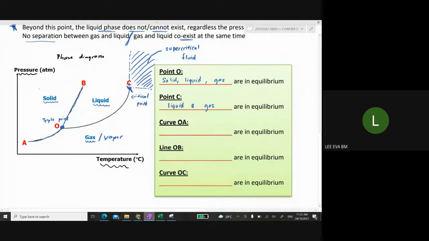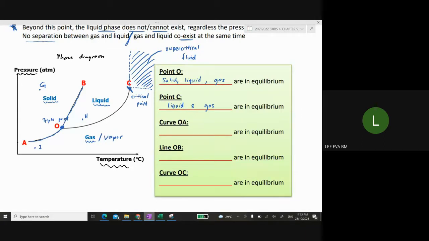If I have one point G over here, what is that phase? Solid. So any point in this area refers to the solid phase. How about if I got a point over here? Liquid. Okay, and how about over here? Point I. What is the phase? Vapor, or gas phase.